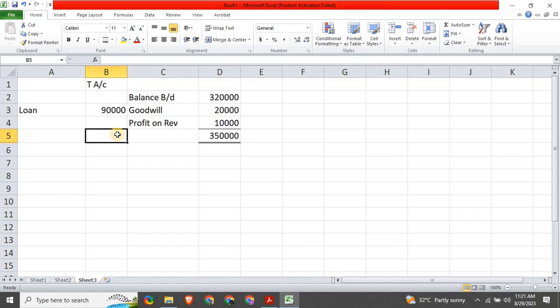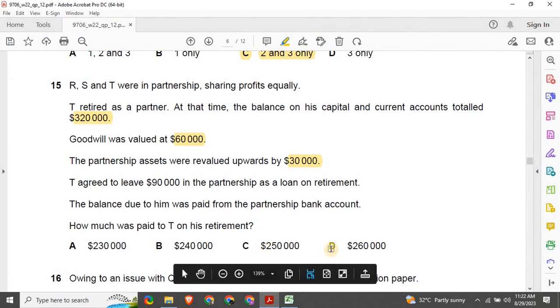So the remaining would be paid to T, which is 260,000, and the total is 350,000. This is from the bank account. Okay. So the correct option is option D. Okay, 15, option D.